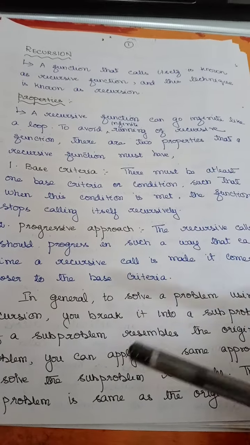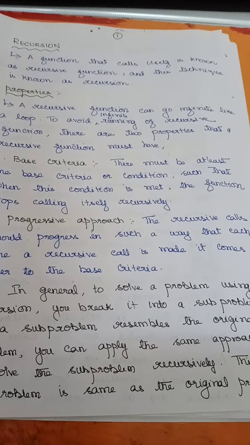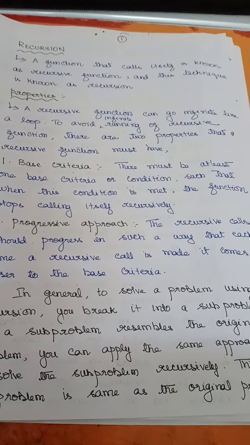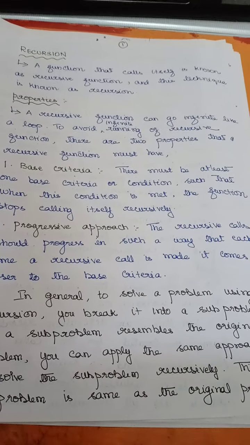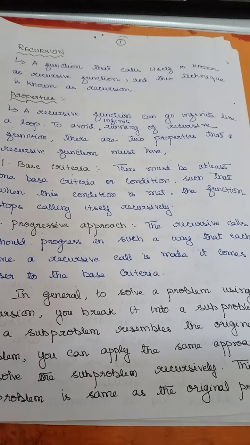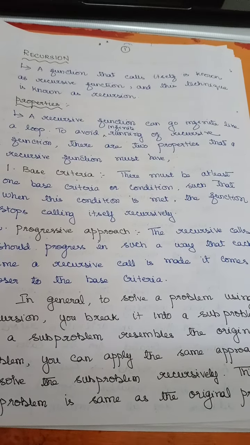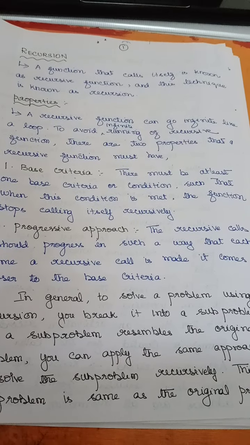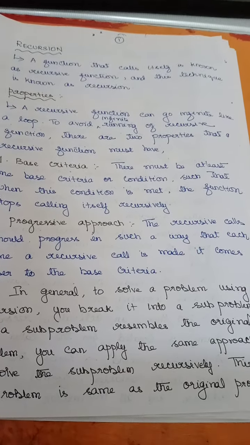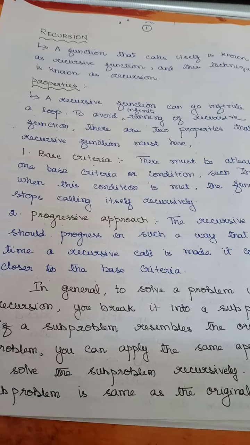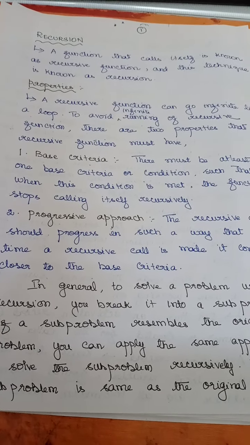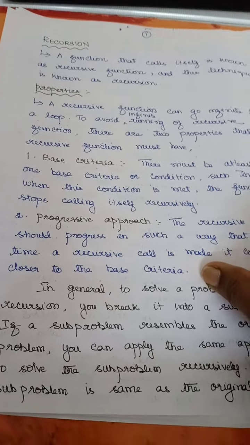In general, you can apply this recursive procedure when I have a big problem that I am able to divide into small ones, and each can be solved in the same way as my original problem, but the size alone is different. Then the problem can be solved using recursion, right?